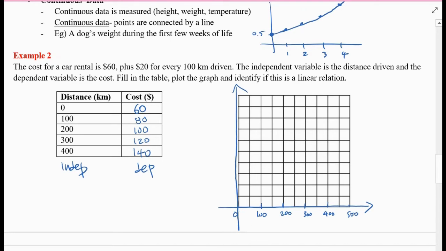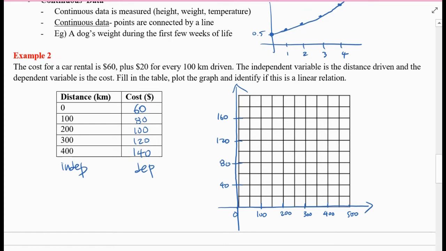So every 2 units it increases by 100 kilometers. And for the cost, starting from 0, I would decide the increment is 20. So 40, 80, 120, and 160. Every unit increases by 20, so 2 units increase by 40. Okay.